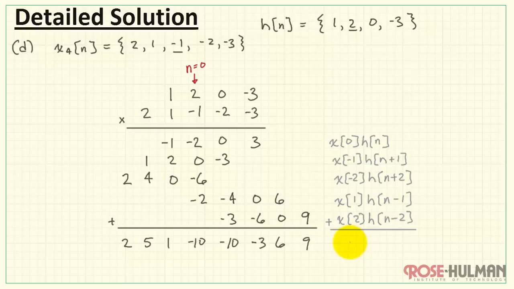Then I also observe here that when you add these terms together, we can observe the convolution sum, specifically running from minus 2 up through 0 and then up to 2. That would be x of k times h of n minus k.